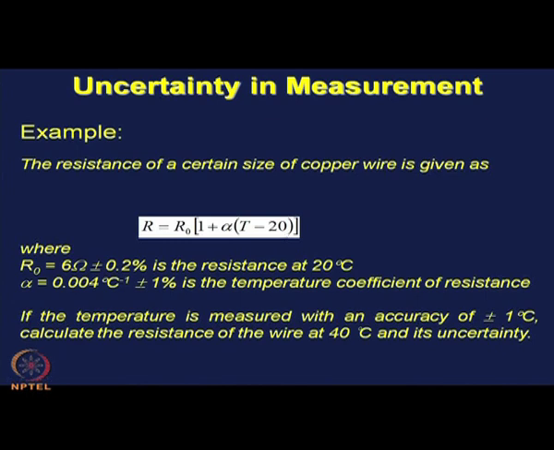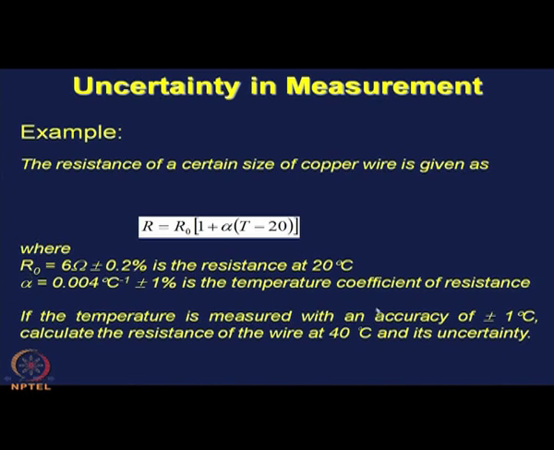So, it is a familiar equation where R is the resistance of the copper wire, R0 is the resistance at 20 degrees Celsius and given here as R0 is 6 ohm plus minus 0.2%. This plus minus 0.2% is the error associated with R0.